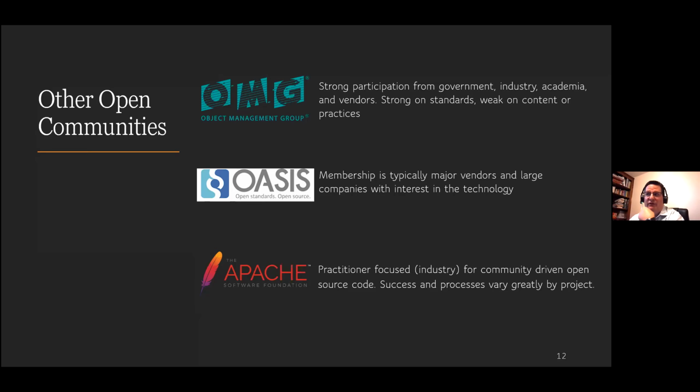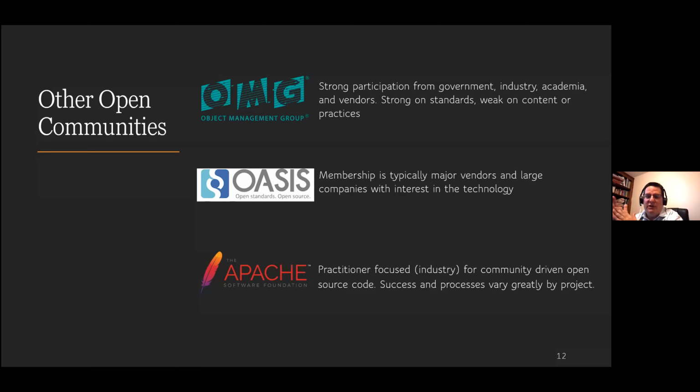And as an organization itself, obviously OpenMBE does not develop standards. It does contribute in the context of OMG, at least the representative organizations that are members of OpenMBE contribute. But OMG has a pretty strong and balanced representation from government and academia and industry, as well as vendors.